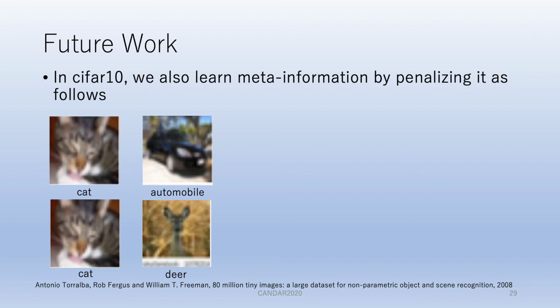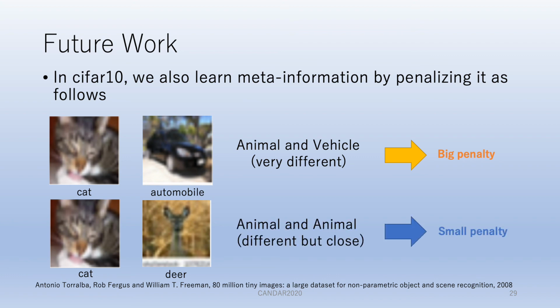For example, if the model makes a misjudgment between a cat and an automobile, they are very different, so a big penalty should be given. And for example, if the model makes a misjudgment between a cat and a deer, they are animal and animal, so different but close, so a small penalty should be given.